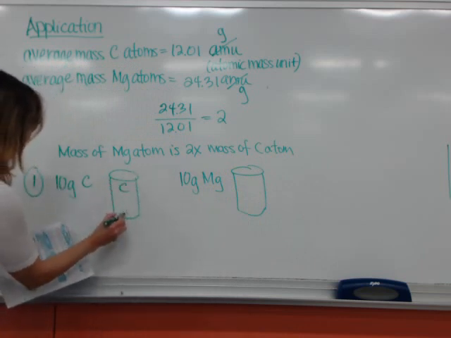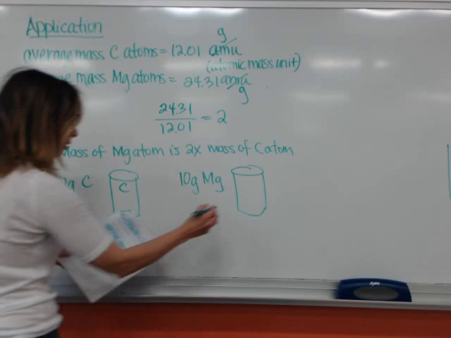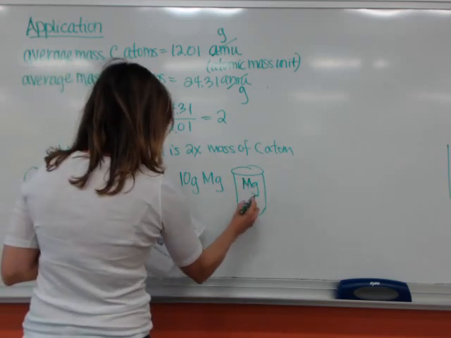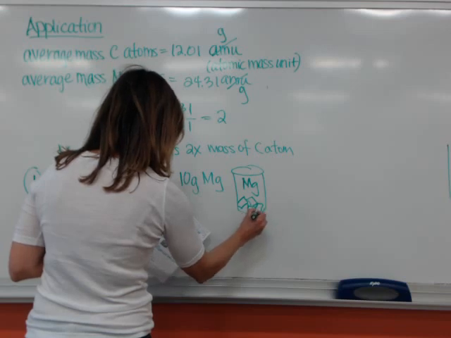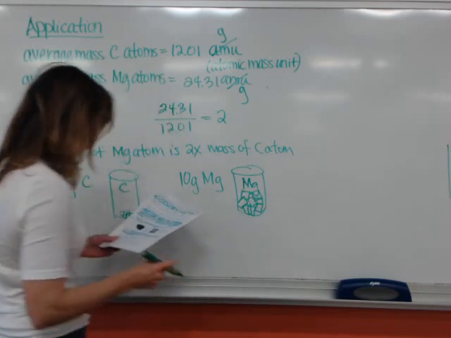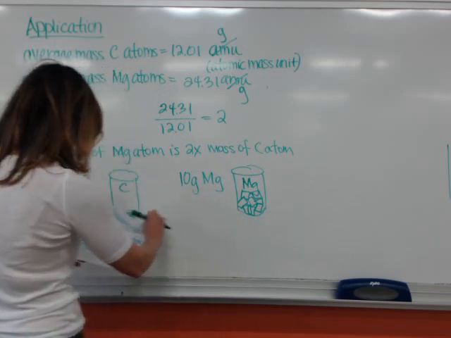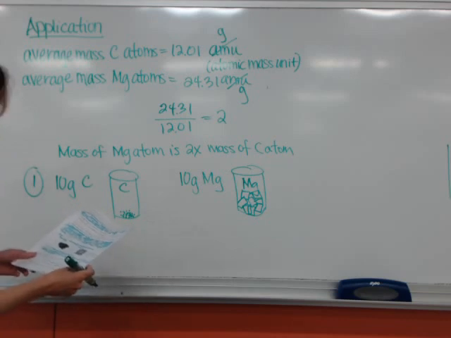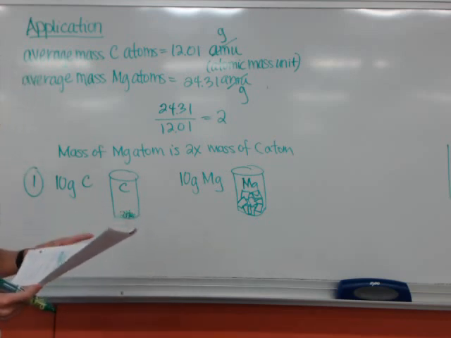The carbon is going to be a fine powder, really small particle sizes. The magnesium is going to look like giant chunks of matter. So this will be 2 times the mass of this, so there will be half as many atoms in 10 grams of magnesium as carbon atoms.